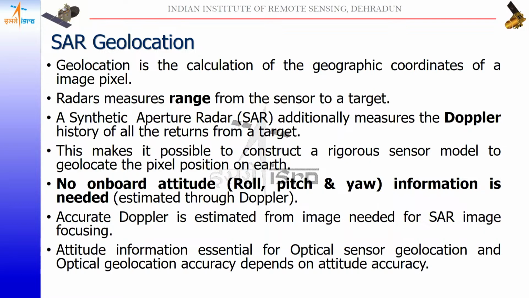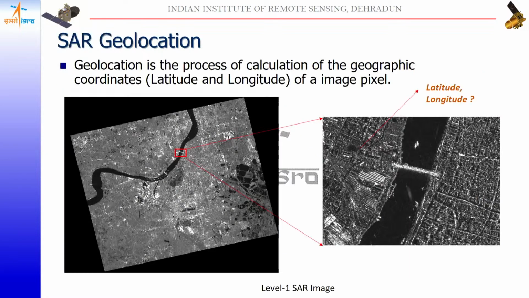But if we have an imprecise position of the SAR satellite, like if we do not have an accurate GPS on the SAR satellite, then there will be an issue in the XYZ values, and that error will reflect in the SAR geolocation process also. That is the benefit of SAR, because even without any GCP we can automatically generate the ortho product in case of SAR.